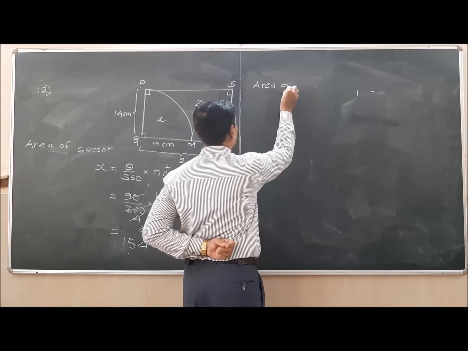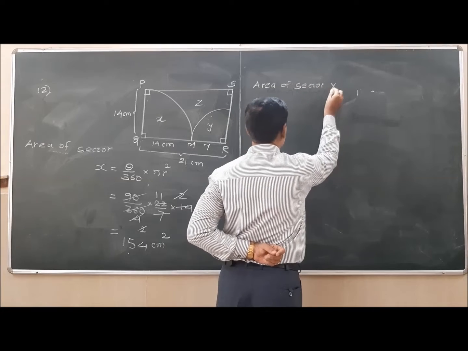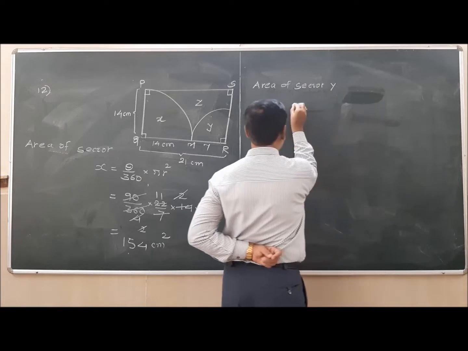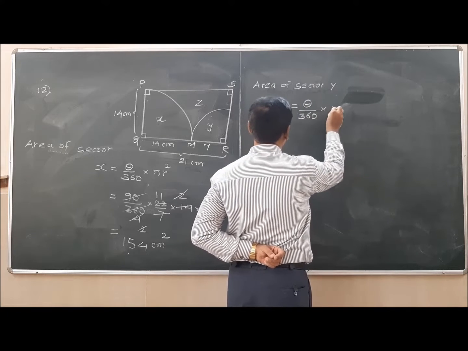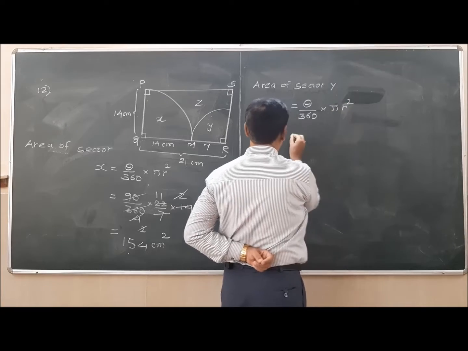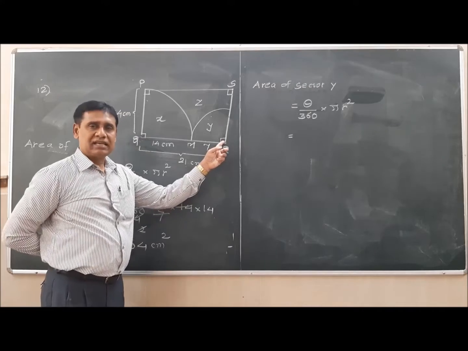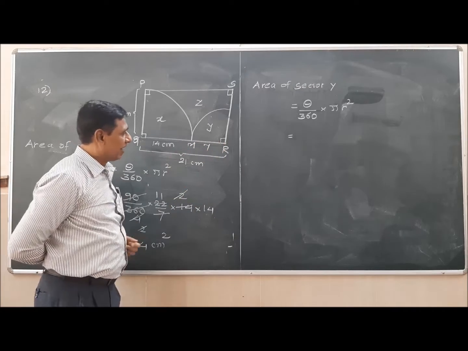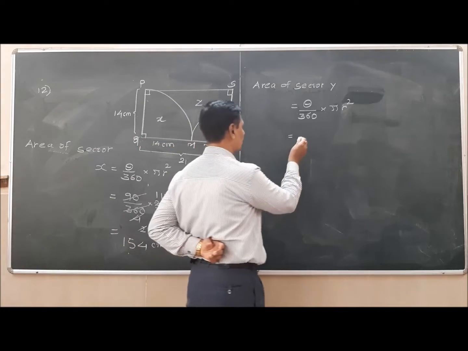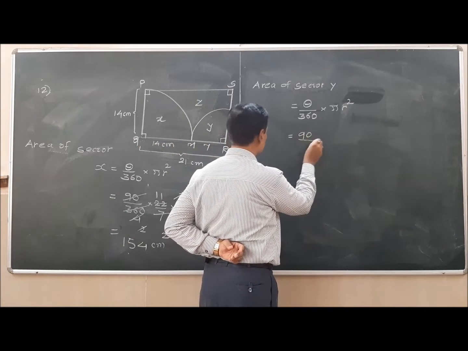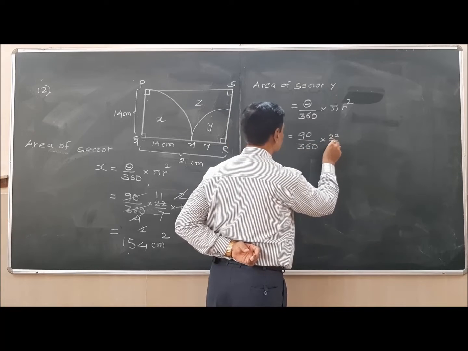Area of sector Y is equal to, I'll write the formula as usual, theta upon 360 into pi r square. Theta this time is also the same, because we will find the center is R, the value of the center angle is 90. So in this case also theta is 90 upon 360, value of pi 22 upon 7.